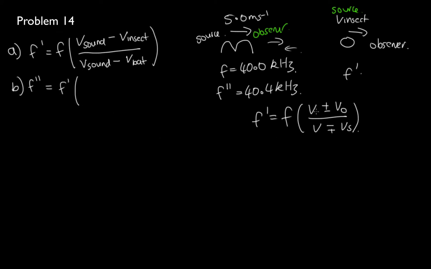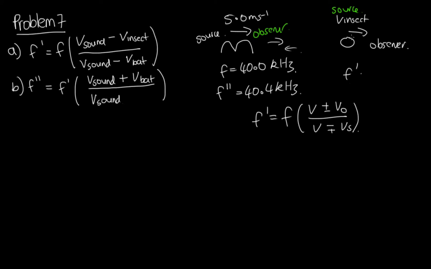Okay, and now in this case, we've got the velocity of sound, and the observer is the bat. The bat is moving towards the source, and so we take this top sign. So this is plus V of bat. And the source in this case is the insect, which is moving away from the bat. So we take the bottom sign, so plus V of source.